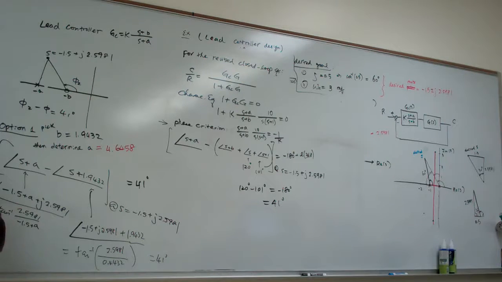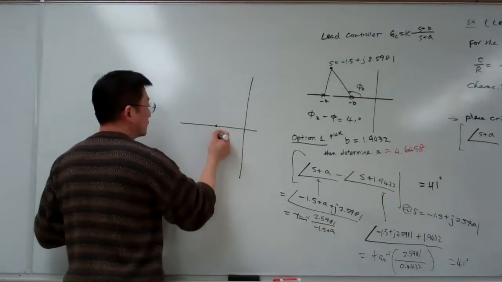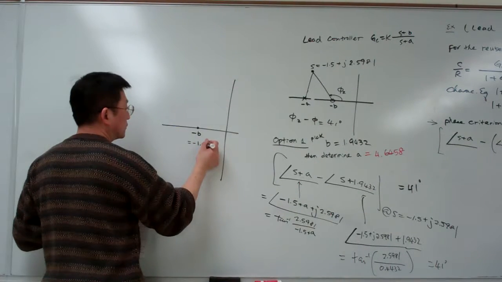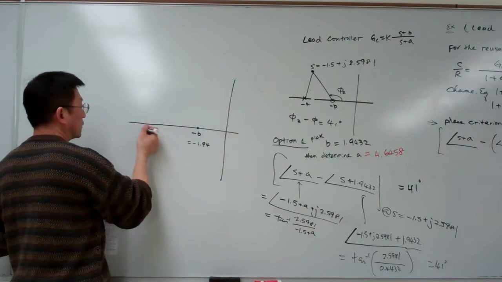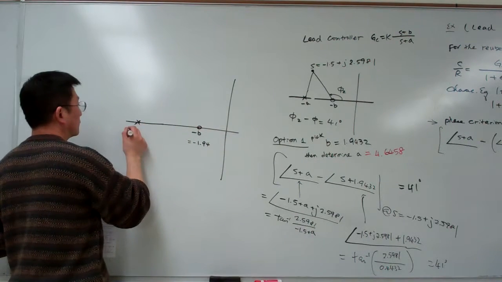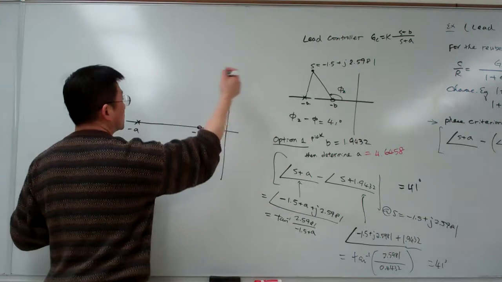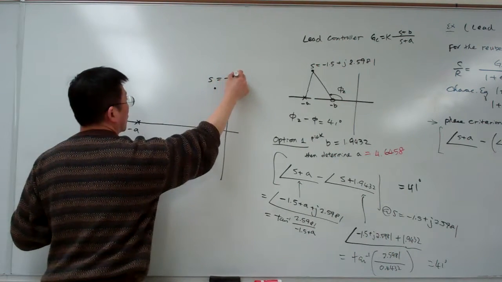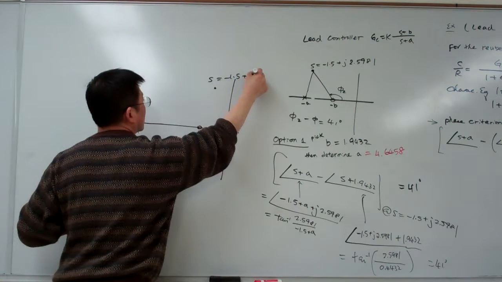Yeah, that's true. So for this case, let me plot it. So right now, B is equal to minus 1.94 something, okay? So A is somewhere, B is here, and A is here. So now our desired one is here, S equal to minus 1.5 plus something.